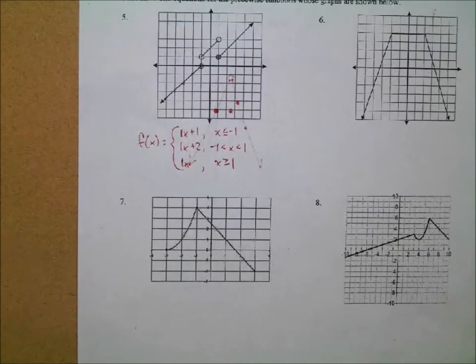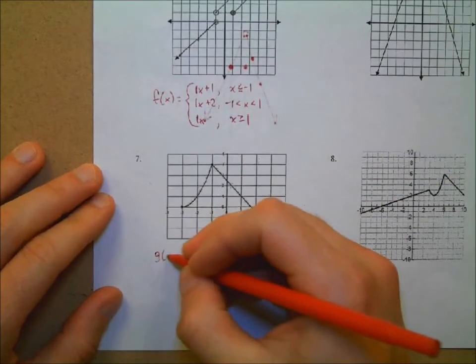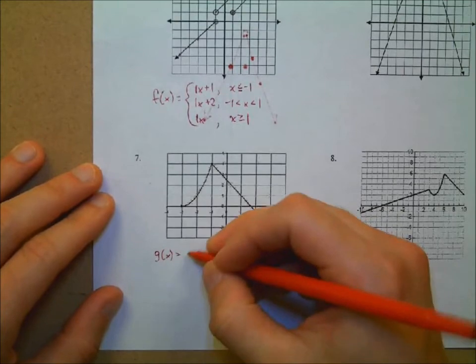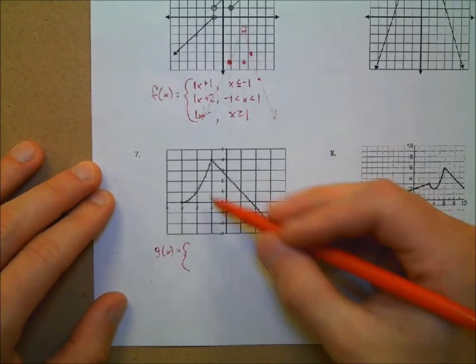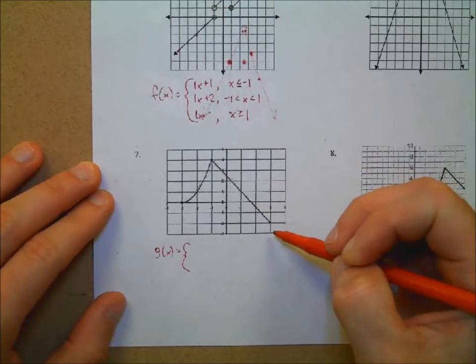All right. Let's do number 7, because that one's also got a quadratic in it, so that'll be helpful. Okay, so we'll do this one. Number 7's got 2 pieces, a quadratic piece, and then the linear piece right here.